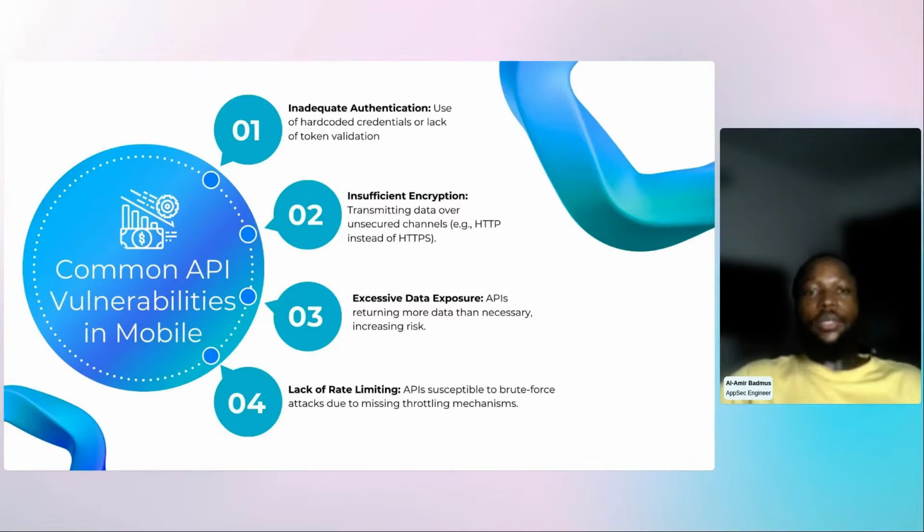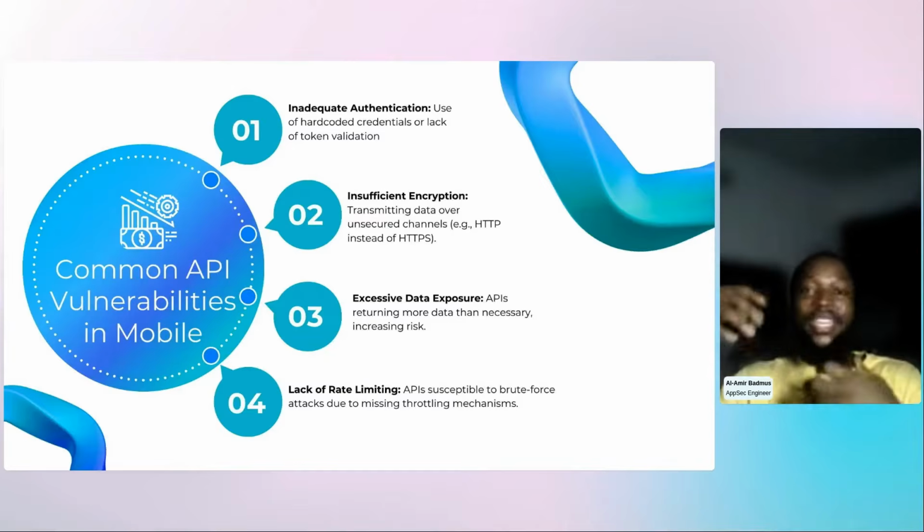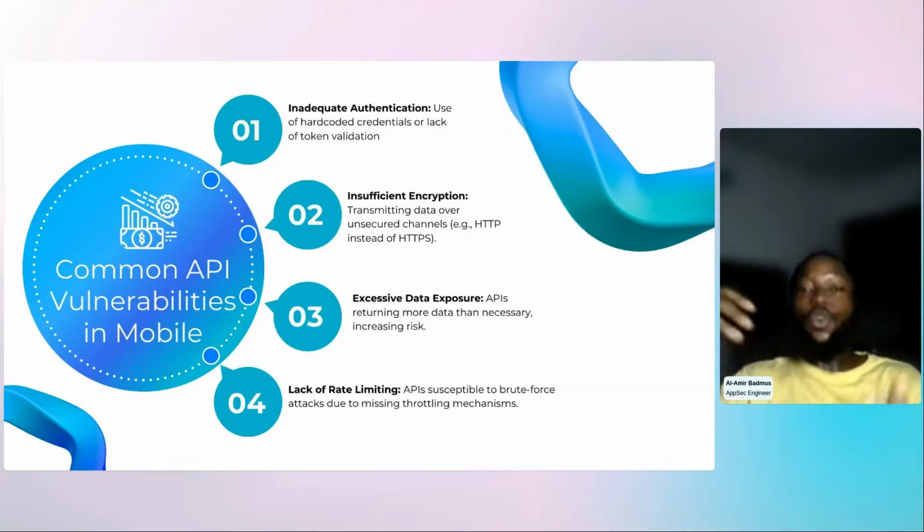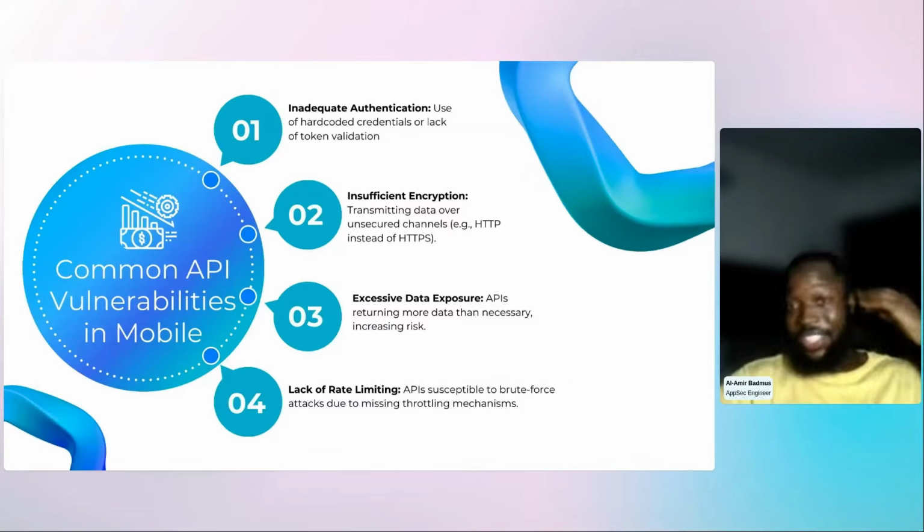One of the common vulnerabilities in mobile applications is inadequate authentication. In OWASP API, we call it broken authentication. I have seen a lot of mobile applications where, after reverse engineering the binary, you find things like the developer's username and password hard coded in the binary, or things like an API key, or even a JSON Web Token, JWT, being stored in the binary.